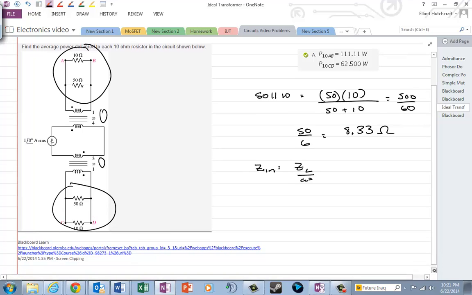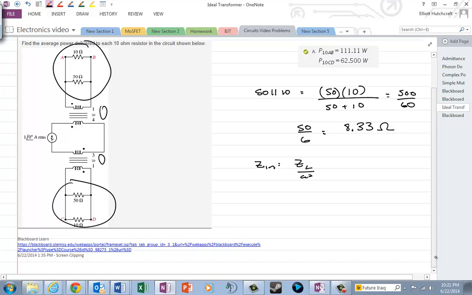So when we calculate the input impedance on one side, even though the resistances look the same on the secondary sides of both of those transformers, on the primary side it's going to look like we have a current source of 1 angle 0, and that's in RMS.